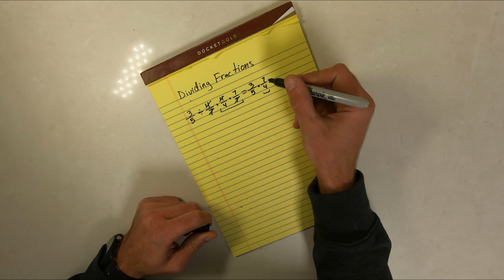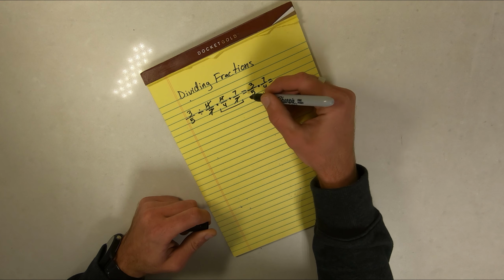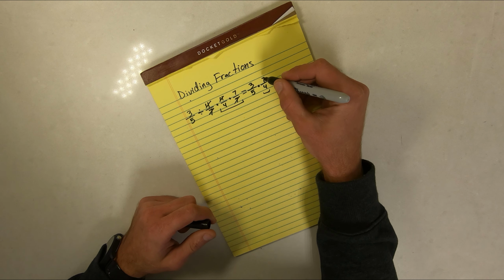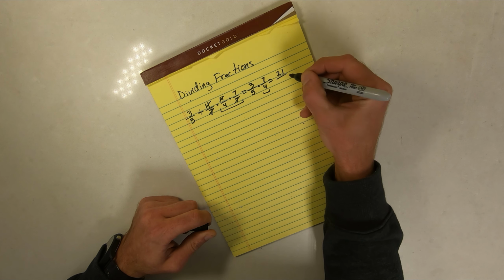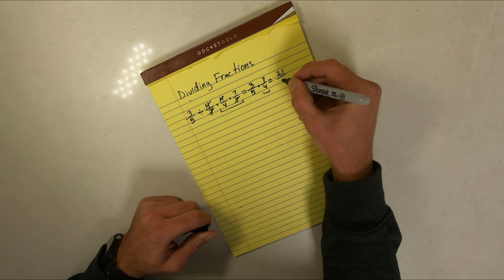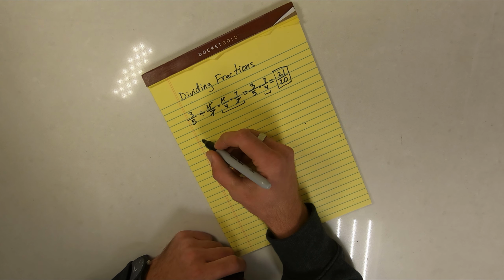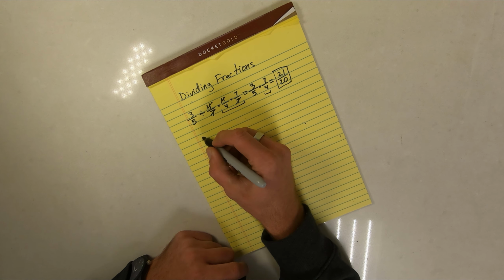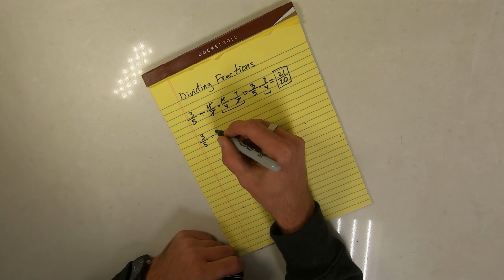Now that we have it in this form, we can just multiply the numerators and denominators together. So 7 times 3 is 21, and 5 times 4 is 20. So this would be our answer. So just for clarity, basically all we're doing is multiplying by the reciprocal of the second fraction.